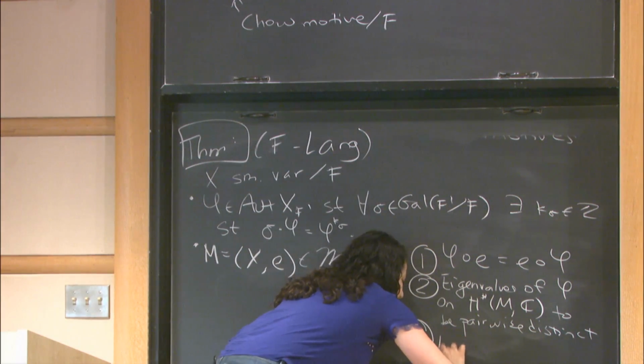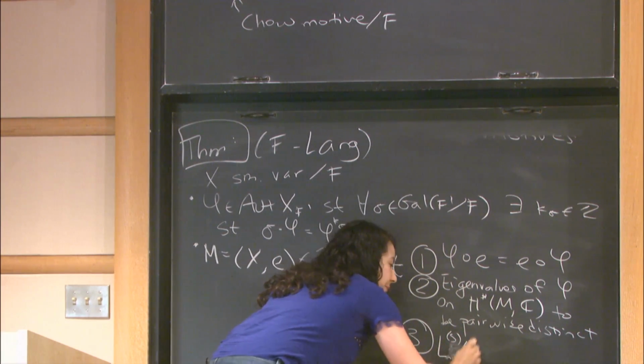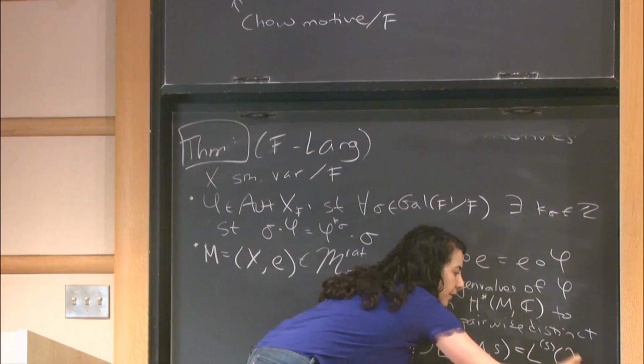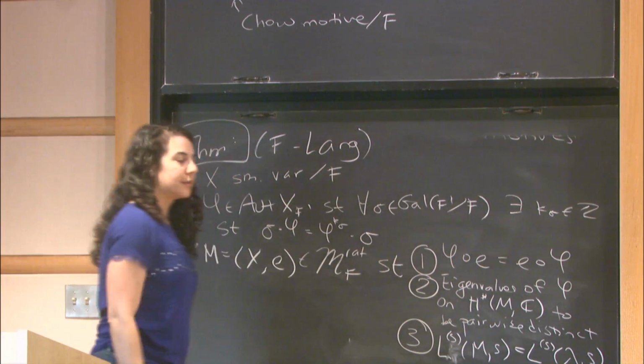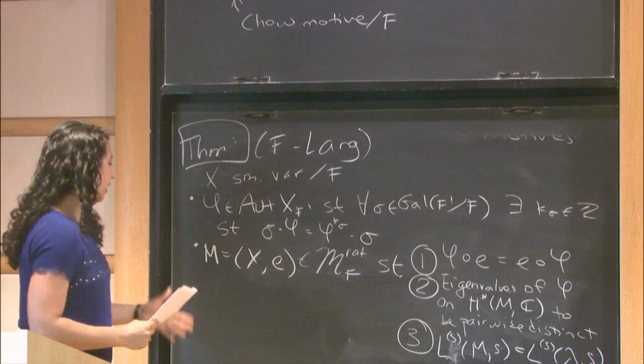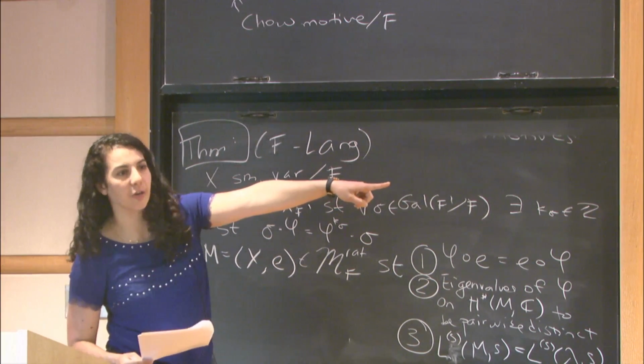So that L, I want to start with the data of some set of primes and some Hecke character such that I have an equality like this, right? And so then the conclusion of the theorem is exactly what I've written over there, right?